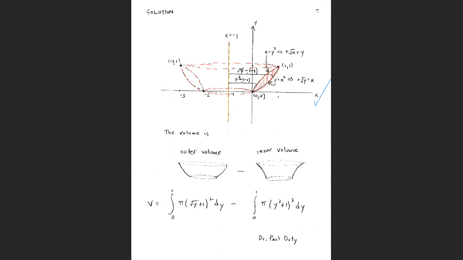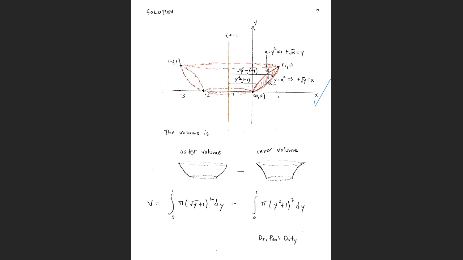The volume is going around in a circle. It's taking this region and going around in a circle. A bowl with the bottom cut out. Sure, Sean, that's a possibility. So all of these are possibilities.